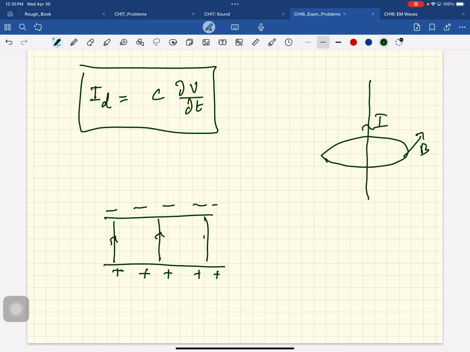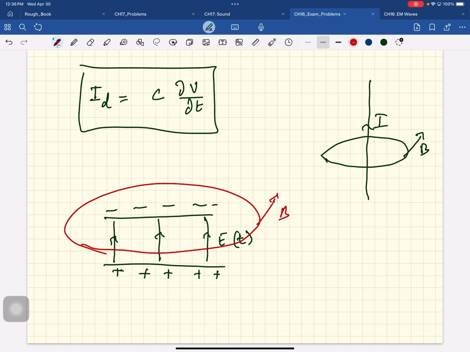Okay, this is the electric field, and the voltage is increasing, and this will produce a magnetic field just like this in that direction. Okay, so as long as the capacitor is charging, it's producing a magnetic field.